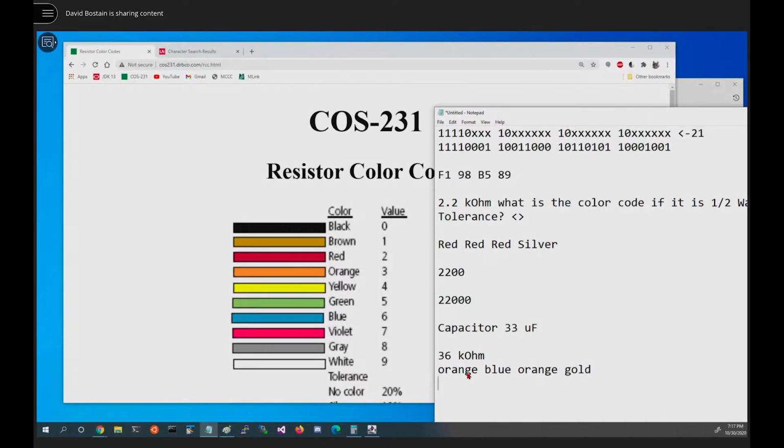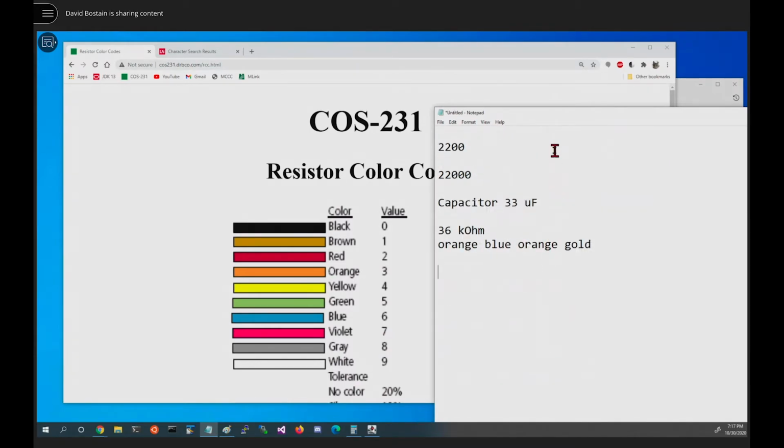And then when we got it home, what is the range of values it might actually have? For a 36 kilohm resistor, plus and minus 5%.